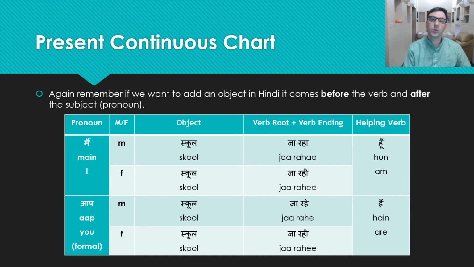I am going to school if I were a female. आप school जा रहे हैं. You are going to school, speaking to a man. आप school जा रही हैं, speaking to a female. Okay, so note where the object is placed.